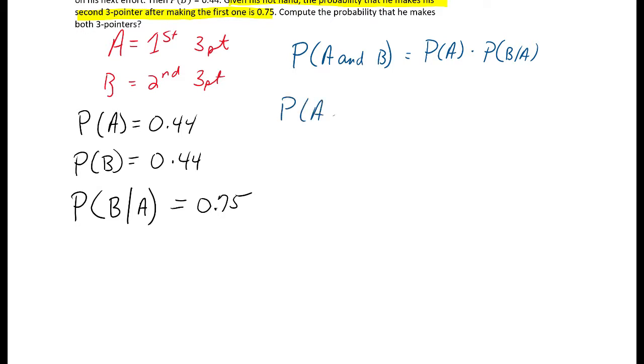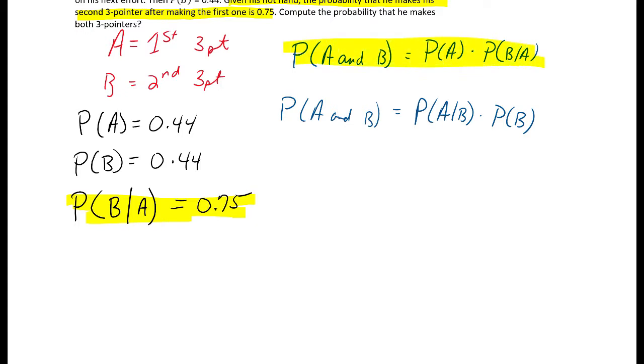And we also have another formula that says you take the probability of A given B and multiply that by the probability of B. Which formula do we use? It's based on what information we have. Since we have the probability of B given A, we're going to use the formula that involves B given A, which is that first formula that I wrote there.